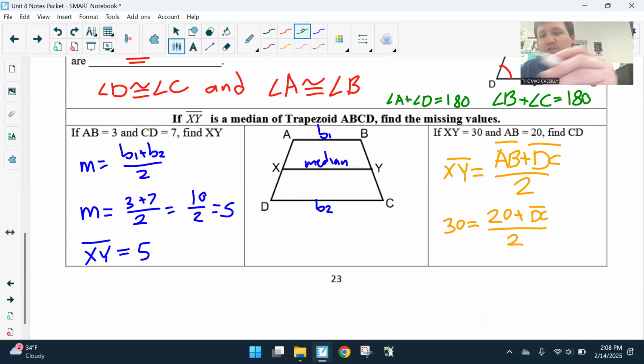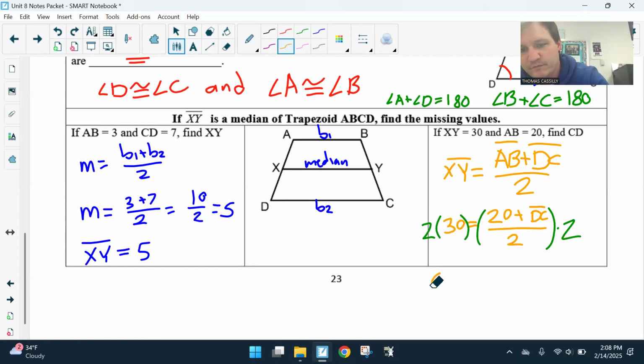So a little bit of algebra. How do we cancel out a divide by 2? Well, think, what's the opposite of divide by 2? Just multiply by 2. Most important rule of algebra, whatever you do to one side of the equation, do to the other. All right, so what we will end up with here is 60. 60 equals, now we have to be careful on this one.